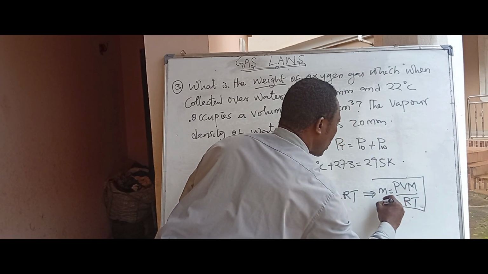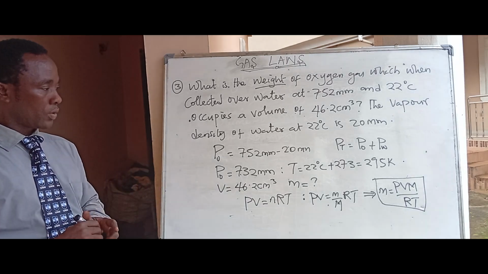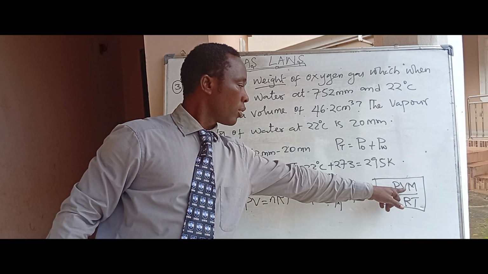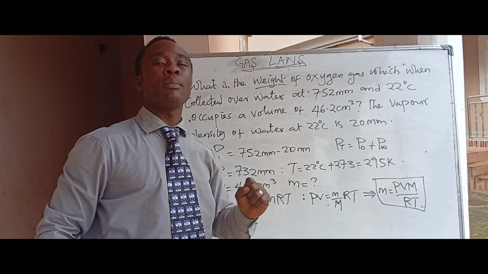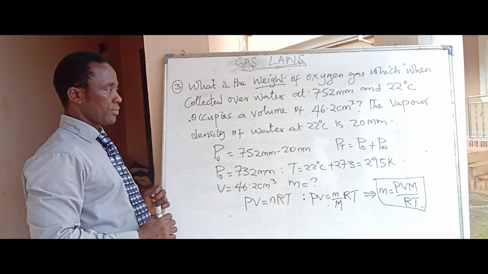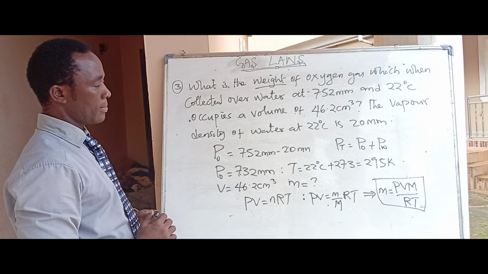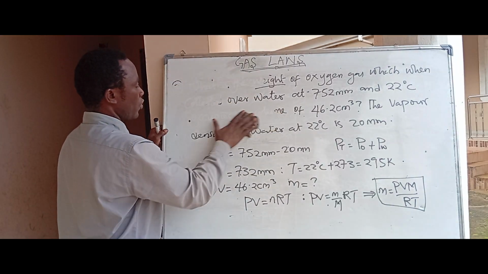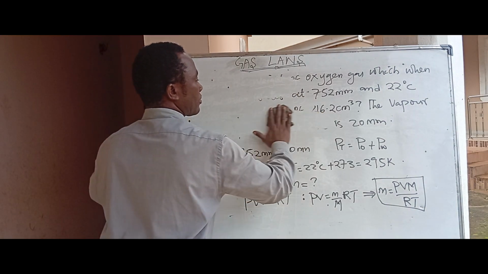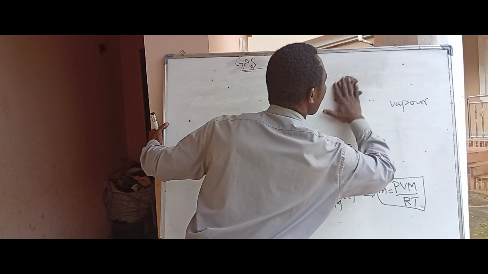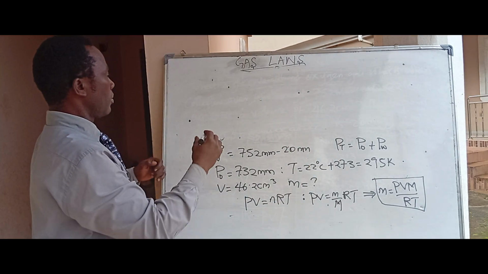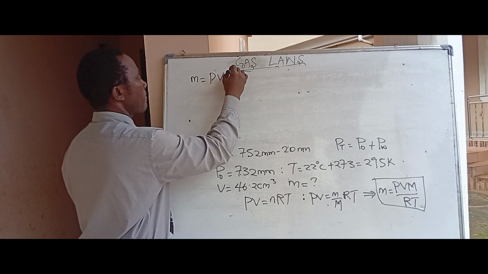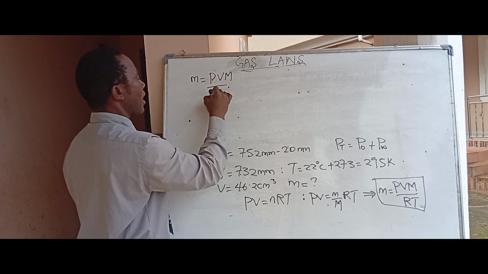So that is the equation we are going to use: pressure multiplied by volume multiplied by molar mass, divided by RT. Let's clean this part so that we can see the board where we can solve further. Remember, mass equals PVM over RT.